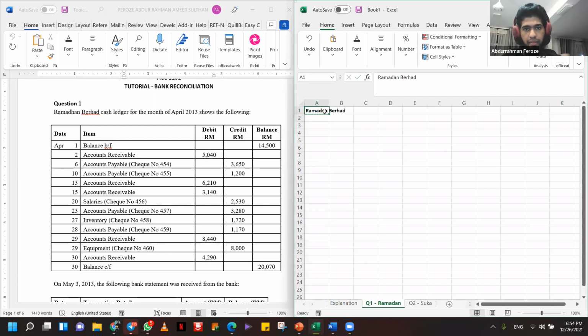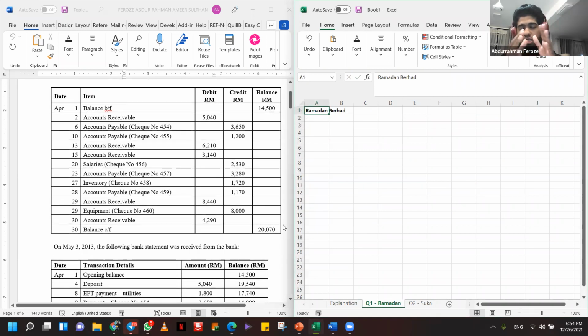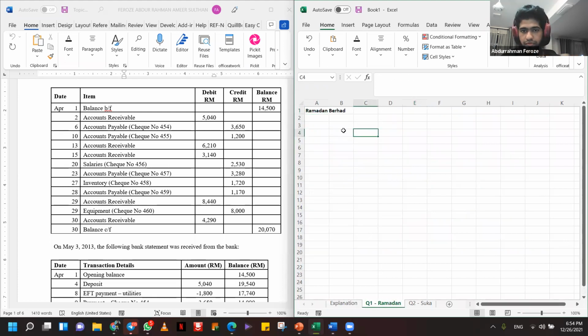Okay. So first of all, the first thing that you want to do is see what appears. So let's do the first method, which is update the cash book and then prepare the reconciliation statement, right?